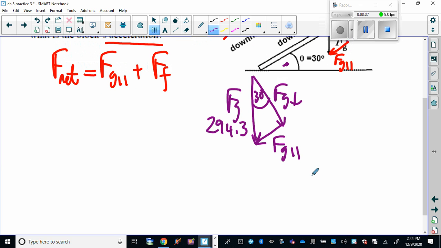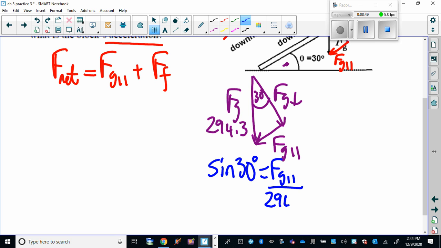And we can use sine and cosine to find the force of gravity perpendicular and the force of gravity parallel. So the sine of 30 degrees equals the force of gravity parallel divided by the hypotenuse, 294.3. Therefore, sine 30 times the answer, and we get 147.15.